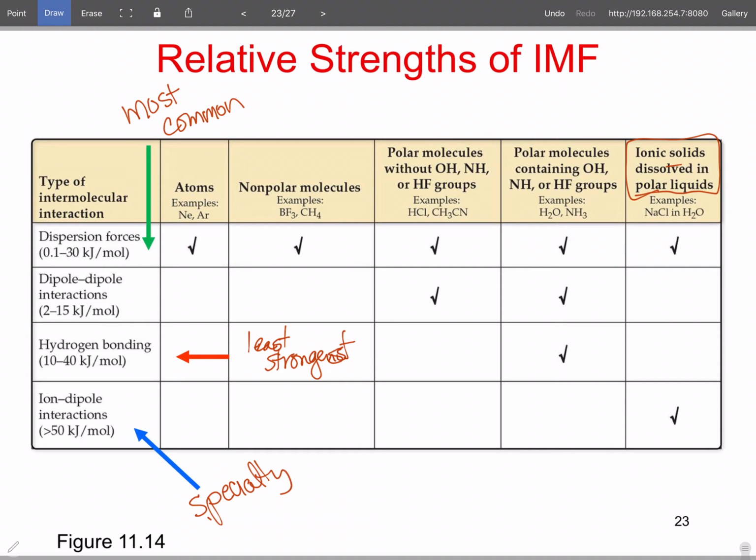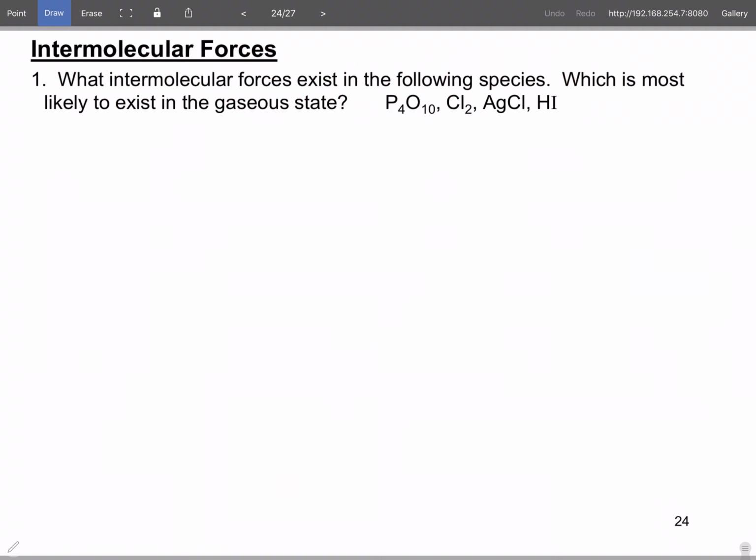So let's work a problem here. What intermolecular forces exist in the following species, which is most likely to exist in the gaseous state? Well, bottom line is gases have the least intermolecular forces. So let's look at them. I'm going to separate them out.